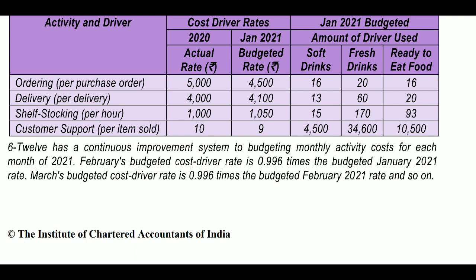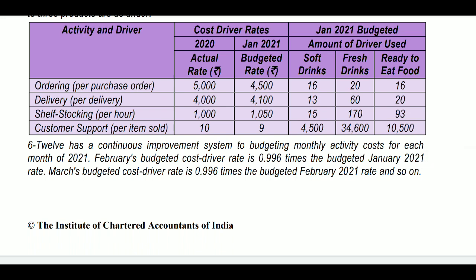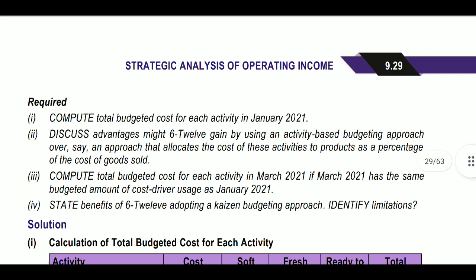From the March month rate into this quantity 16, 20, 16, whatever we have done in January month, we will do the same activity in March month. For that we got the rates for the year, so 4500 into 0.996, we will get the February rate, and that rate into 0.996, we will get the March month rate. Next required, so we will get the answer easily.